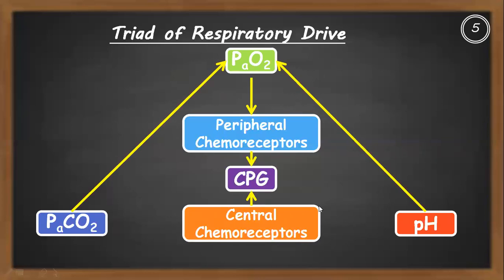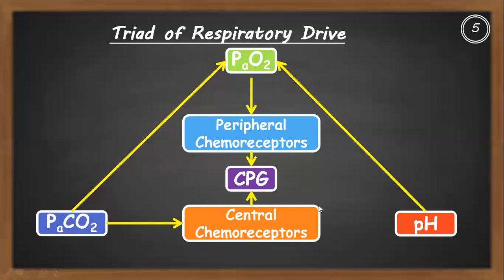But the important fact that we need to see here is that the PaCO2, or carbon dioxide level in the arterial blood, directly acts upon the central chemoreceptors. If there's an increase in the carbon dioxide level, then that leads to increased diffusion of carbon dioxide into the CSF, so increased formation of carbonic acid, and ultimately a decrease in the pH, which will stimulate the central chemoreceptors.